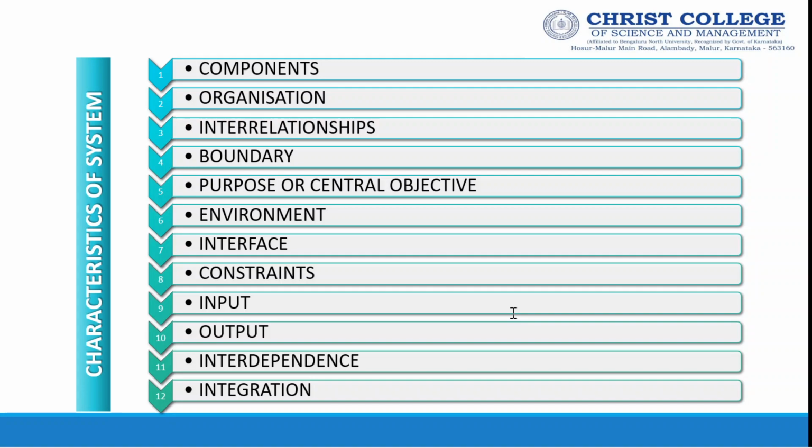Next one, environment. A system operates within an environment, that is, everything outside the system's boundary is called the environment. This environment in which it is working may affect it directly or indirectly. For example, the environment of a university includes prospective students, foundations, funding agencies, and news media.